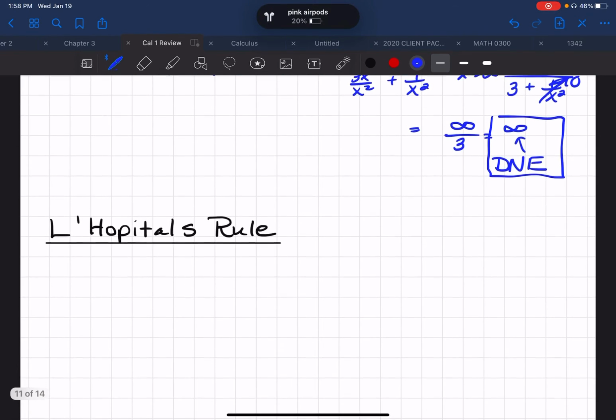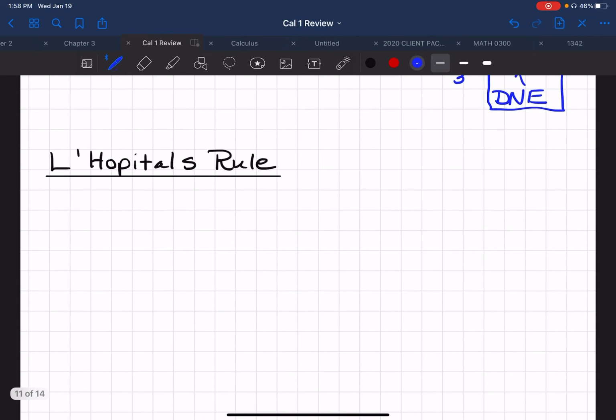Now let's talk about L'Hopital's rule. You use this if you're taking a limit and you get 0 over 0 or infinity over infinity. That's the only time you can use L'Hopital's.